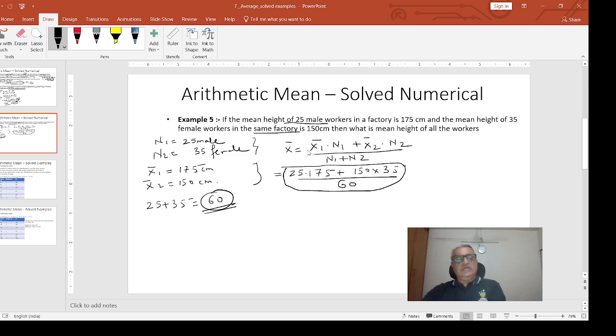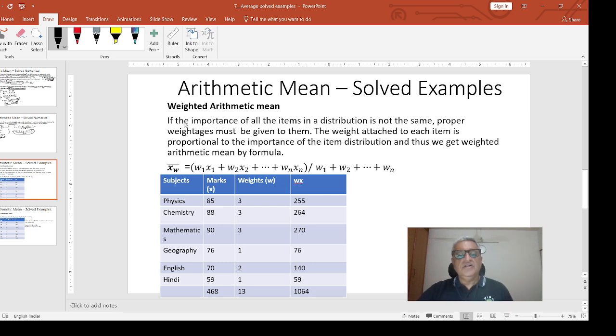Moving on to the next slide, there is something called weighted arithmetic mean. Now let's understand, when do you need to attach weightages? Suppose you have items in distributions which are not the same, so you don't treat them similarly. As an example, I have taken physics, chemistry, mathematics, geography, English and Hindi as 6 subjects.